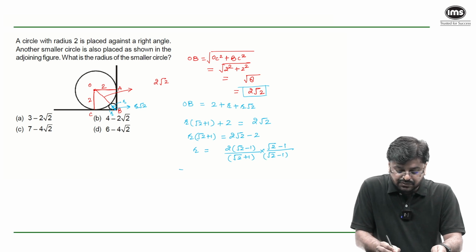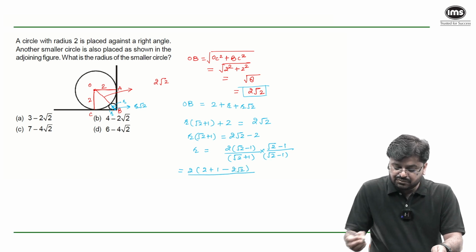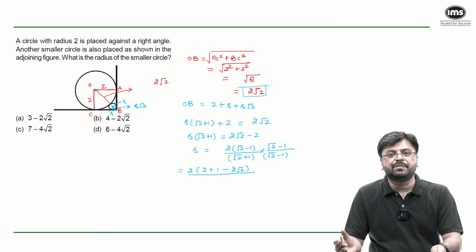So this is 2 into root 2 minus 1 square, which is root 2 square plus 1 square minus 2 root 2, upon, in denominator we have root 2 plus 1 and root 2 minus 1, which is a plus b, a minus b, which is nothing but the identity of a square minus b square.